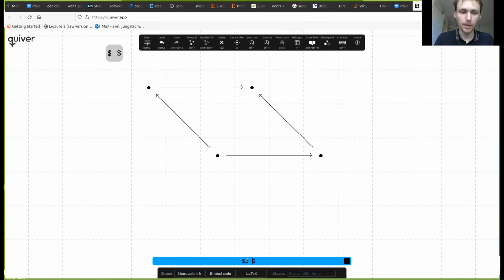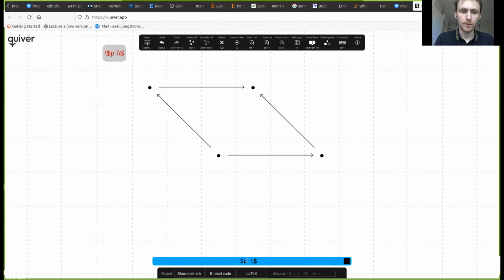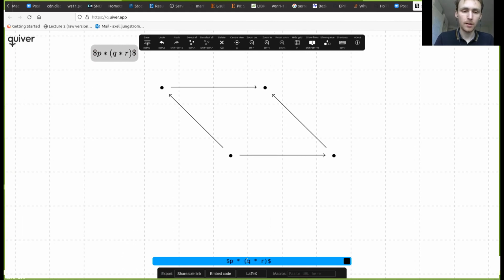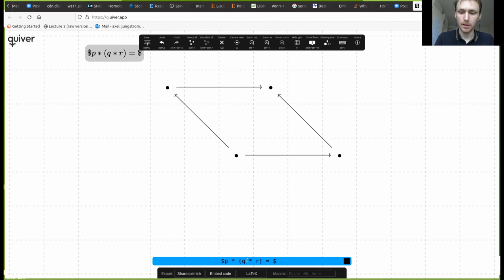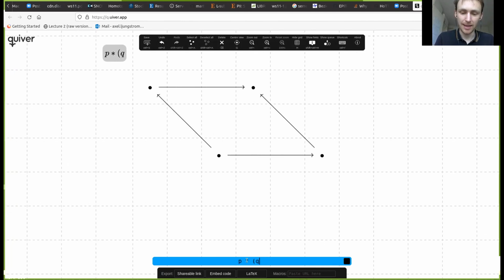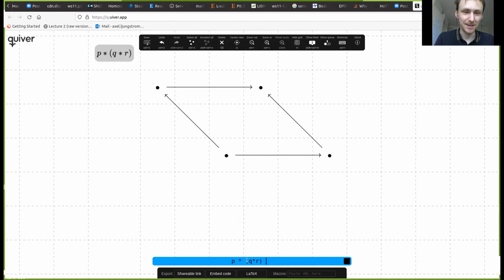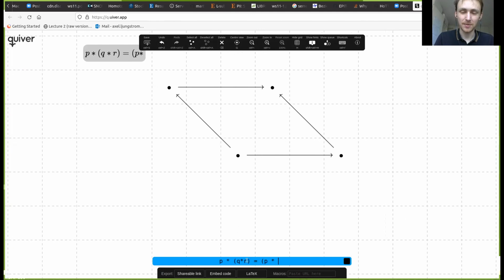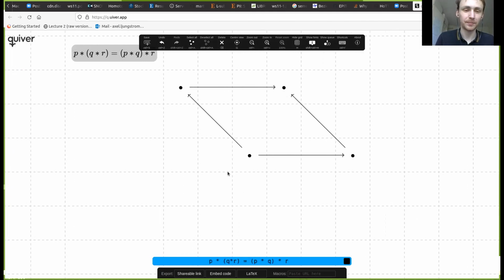The goal was to show that P composed with Q composed with R is equal to P composed with Q composed with R.